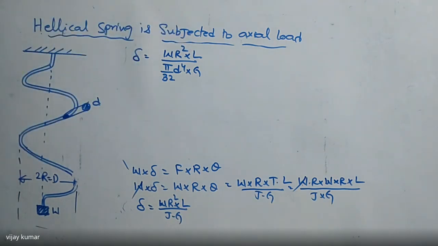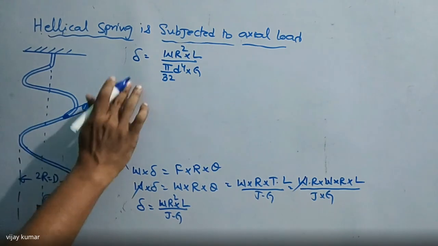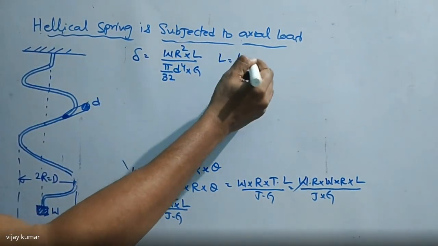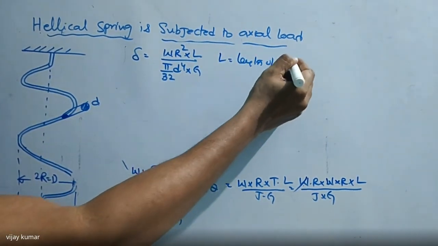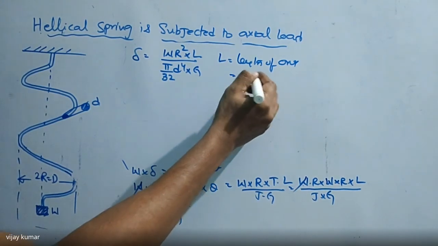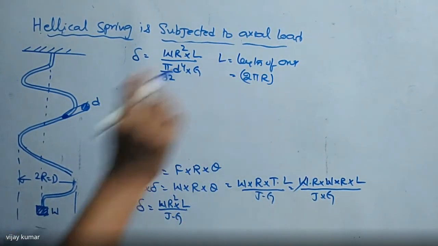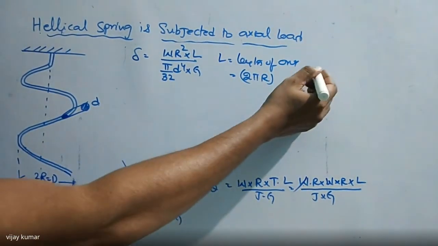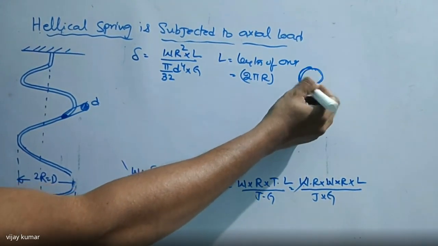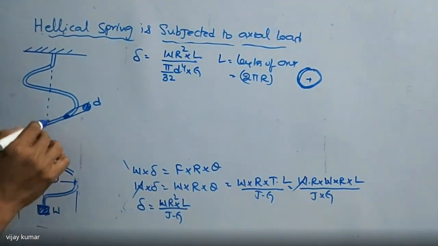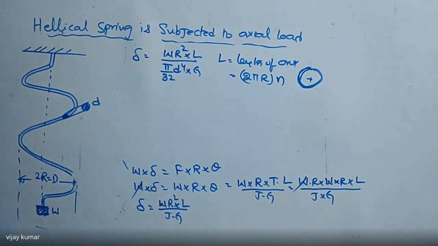L is the length of the coil, the length of one coil. That is equal to 2 pi R, the perimeter, and here we have number of coils, so into N, where N is the number of coils.